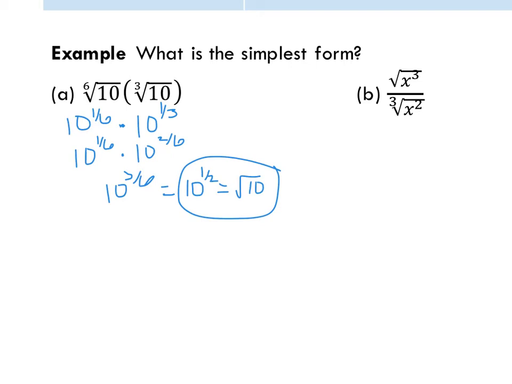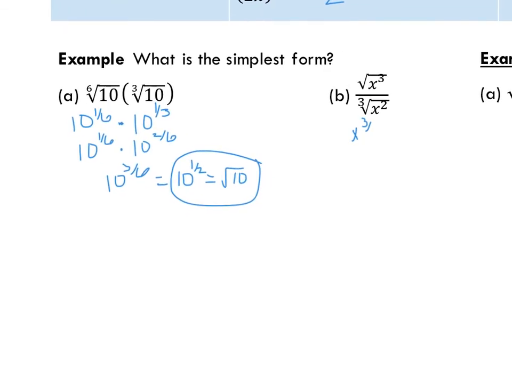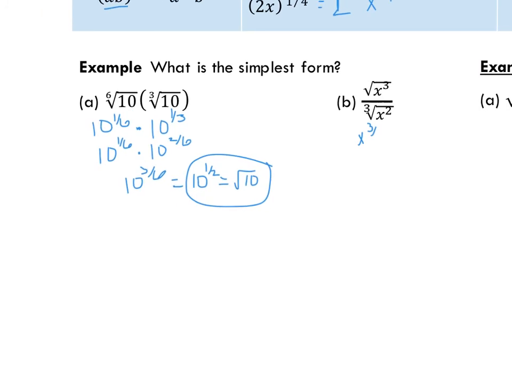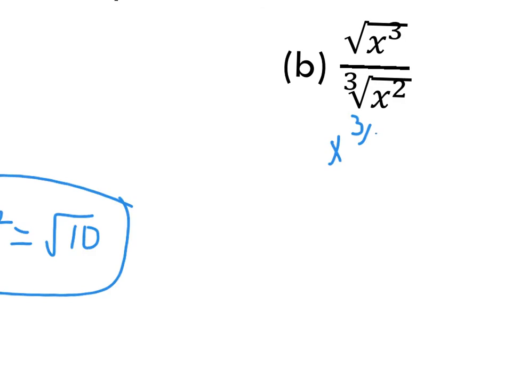Okay, I'm going to do something very similar to b. So I know the numerator is x to the 3/2 power in exponential form. And that's divided by x to the 2/3 power.